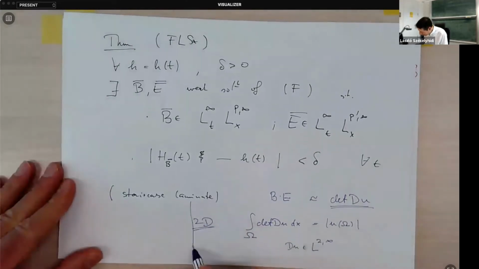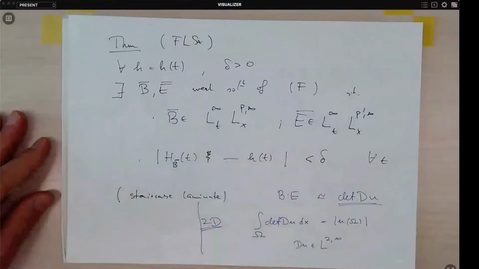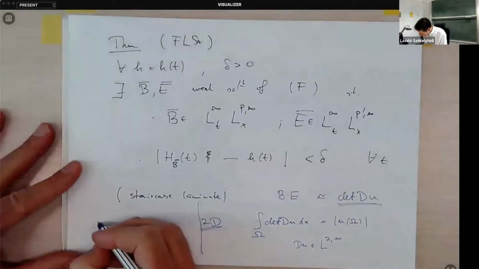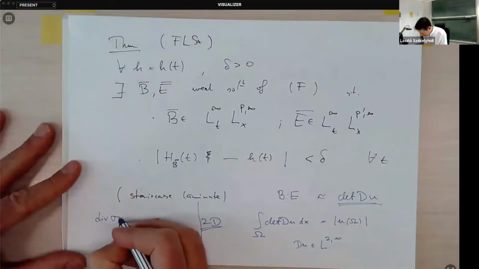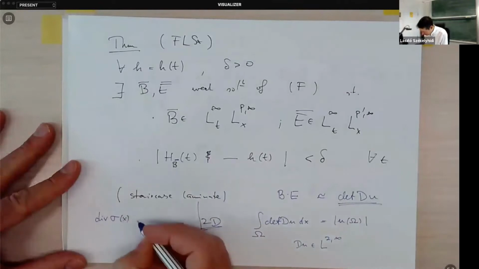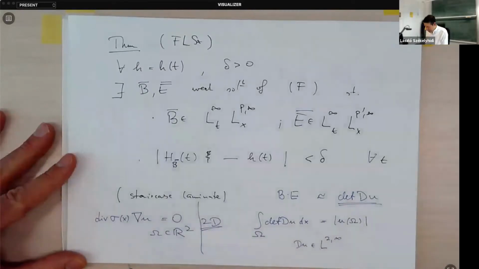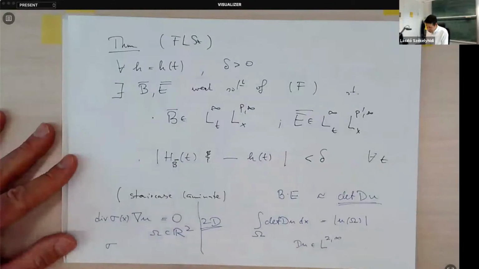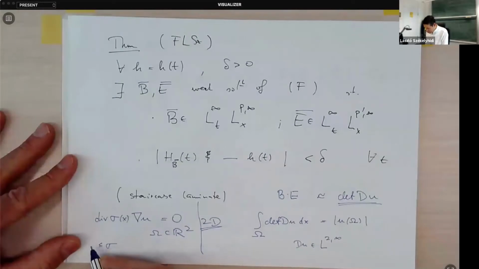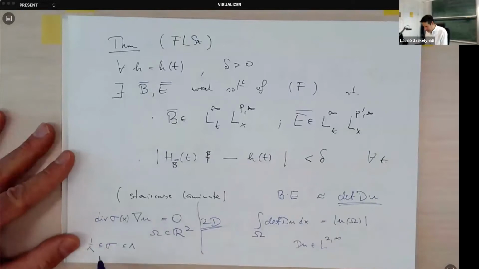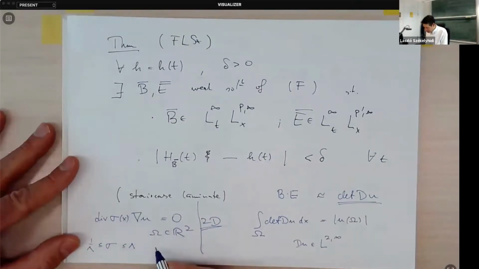Another example where this idea was used is in systems of the type, equations of the type divergence of sigma(x) times grad u equals 0, say again omega in R2. And sigma is just measurable, bounded between two values, let's say 1 over lambda and lambda, and then of course a typical question is to understand higher integrability.